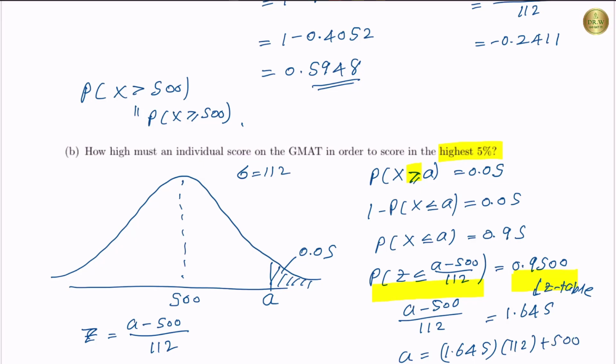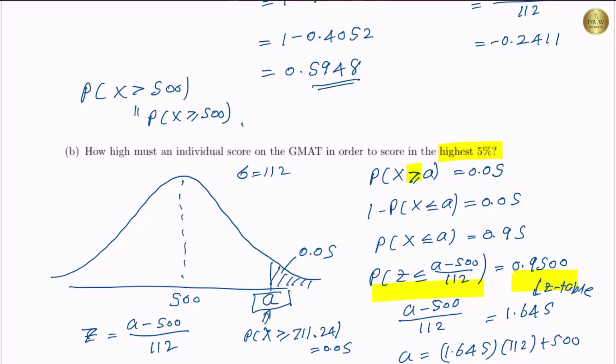So this is 711.24. That is the A value. That means the probability of x greater than or equal 711.24 equals 0.05. Actually we were looking for A, and A is 711.24.